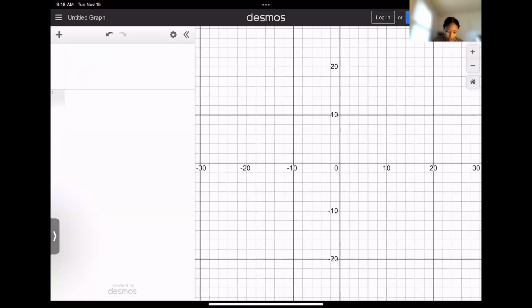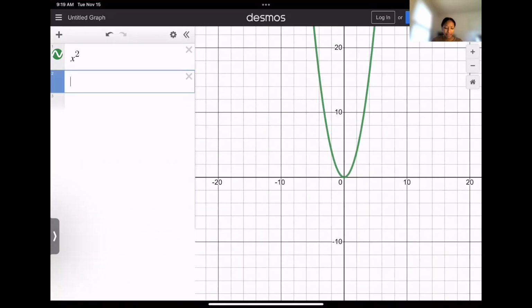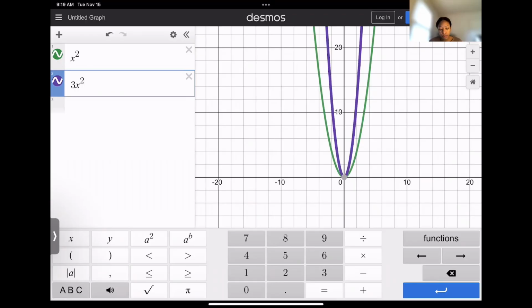All right, we're going to look at x squared. This is our basis where we're starting from. If we have an a value that's bigger than 1, so let's look at 3x squared, we're going to end up with a narrower parabola. Notice how the purple parabola is more narrow than the green one.